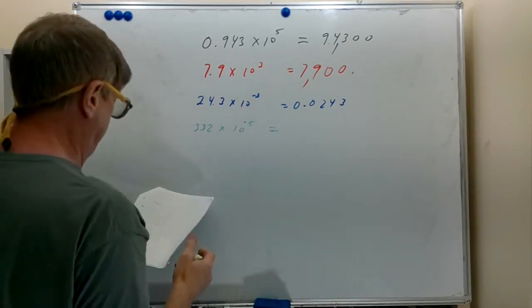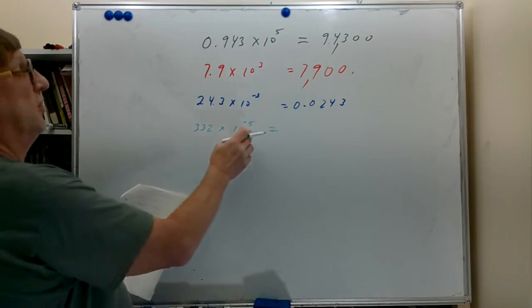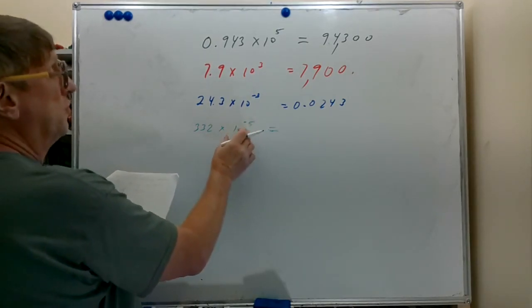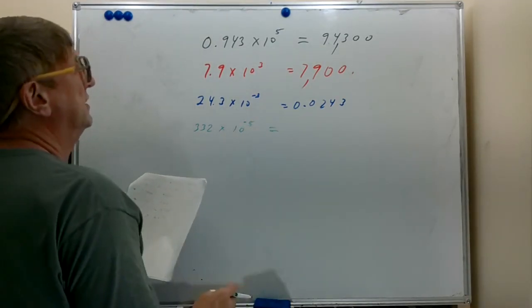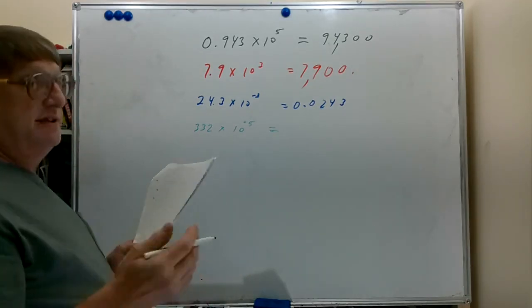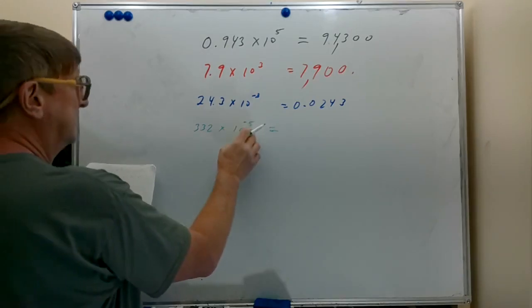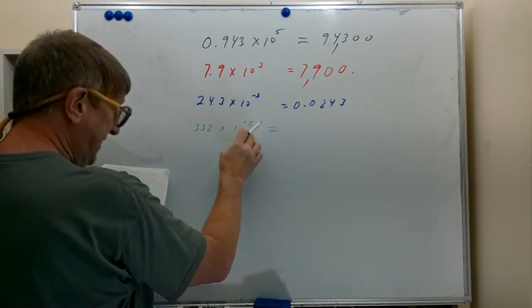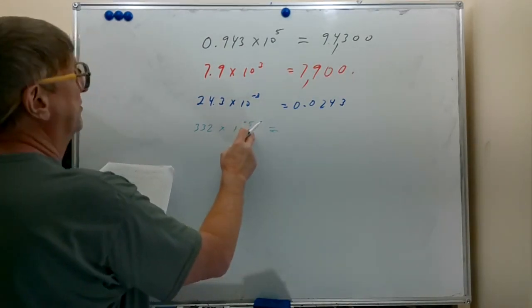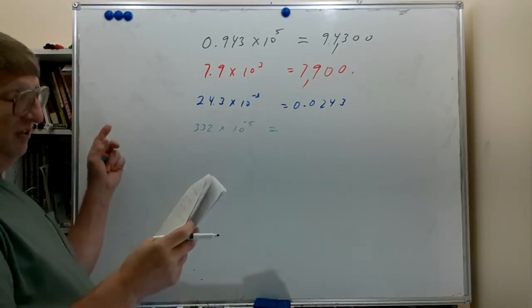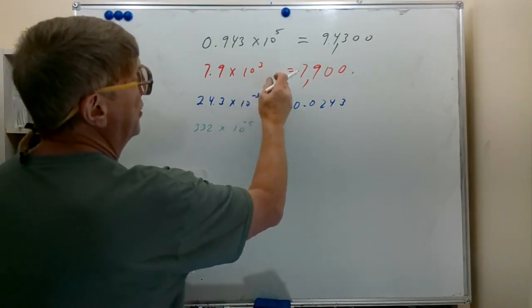That's why it didn't look right. Yeah, negative 5. So when we go to 0, we're making this number larger. 1 is bigger than 10 to the minus 5th. So we're going to be making this number smaller. When we get rid of these negative numbers, we need to move our decimal place to the left. We're getting rid of positive numbers, we move our decimal place to the right.